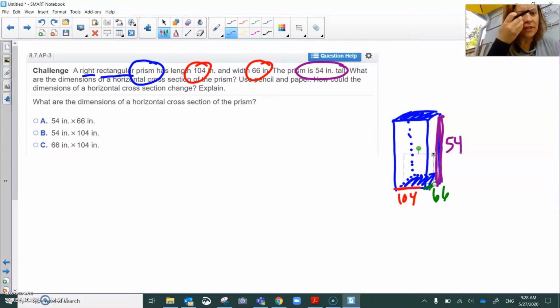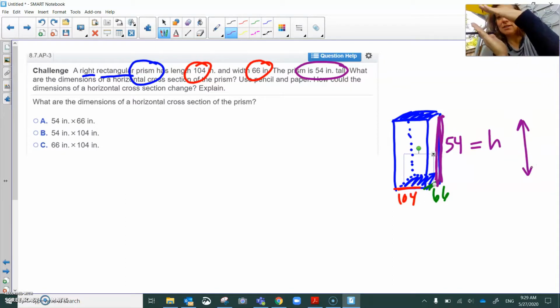What are the dimensions of a horizontal cross section of the prism. So I on purpose made the height going up and down this way rather than putting the box on its side, because I thought that might help me a little bit, because then when they talk about horizontal, they mean this kind of a cut.